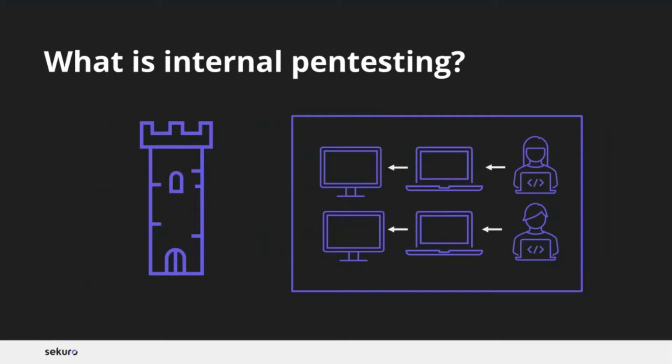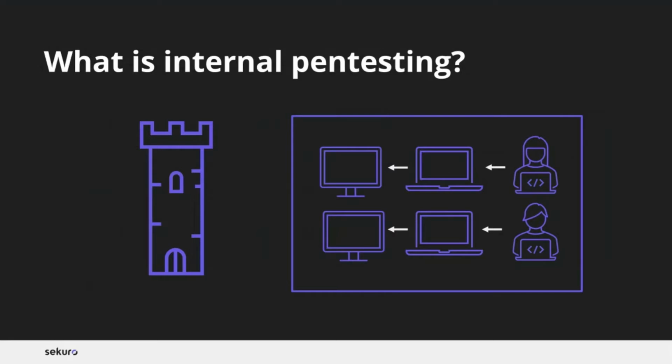An internal pen test's focus really is on what an attacker would be able to do when they're situated on the internal network. So we remove the external component for this. The kind of questions we're looking to answer here are, for example, is it possible to escalate privileges? Can a user access systems or data which they shouldn't be authorized to access?